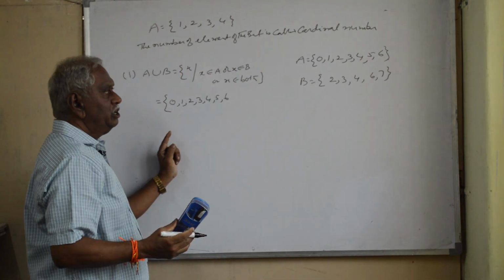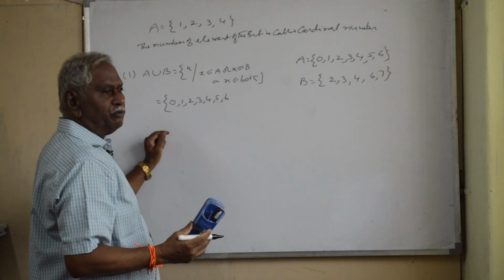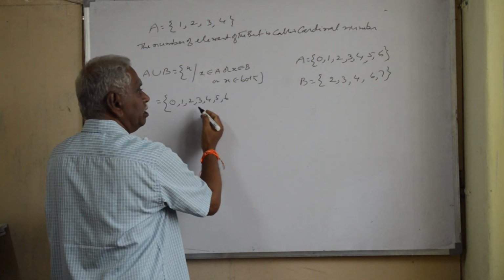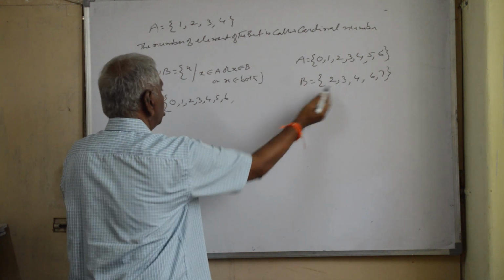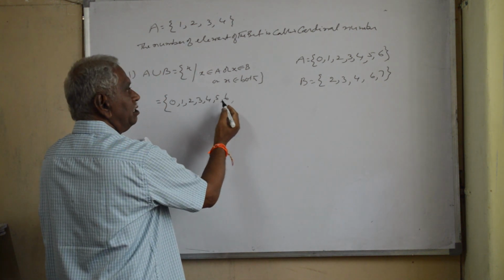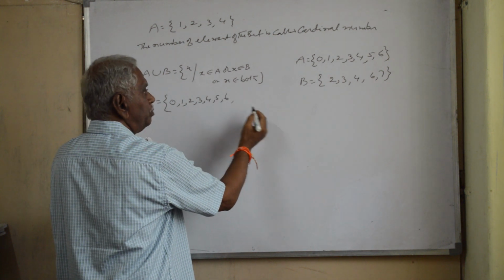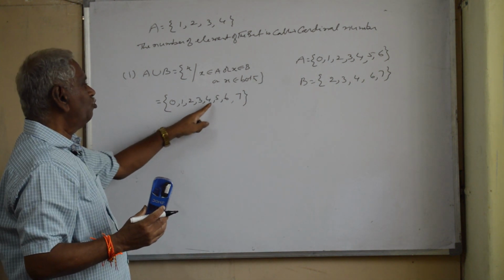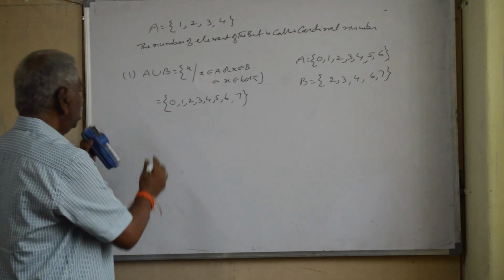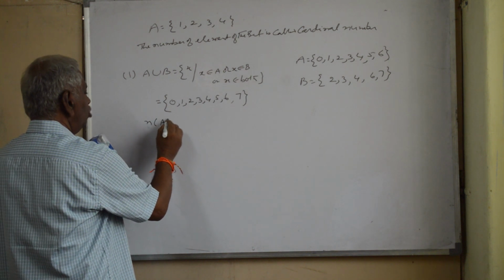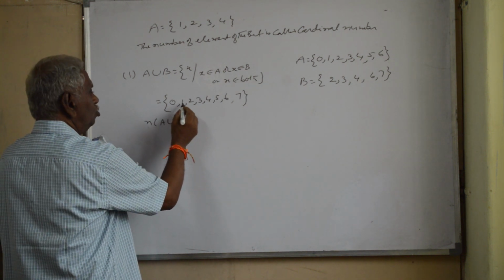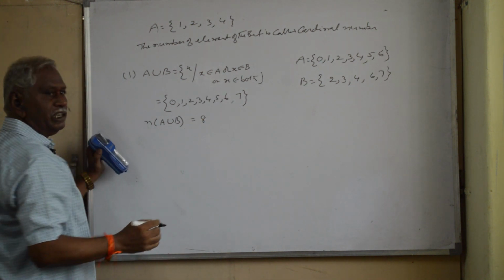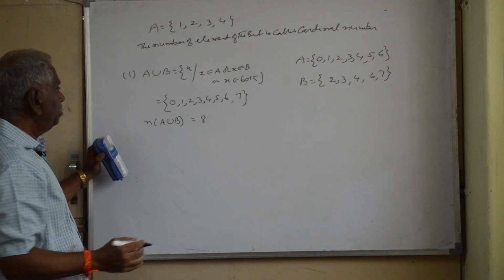Apart from that, we consider the elements of B which are not repeated here. 2 is repeated, 3 is repeated, 4 is repeated, and 6 is also repeated. There is one more thing here, 7. So this is 0, 1, 2, 3, 4, 5, 6, 7. n of A union B has 8 elements.